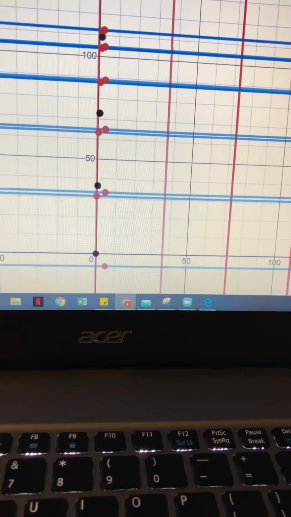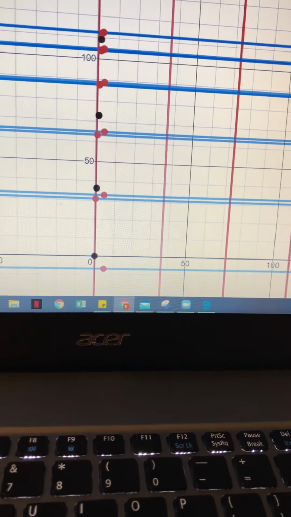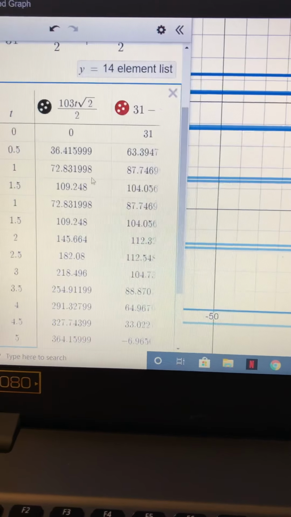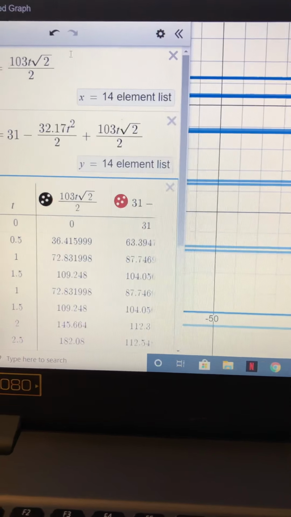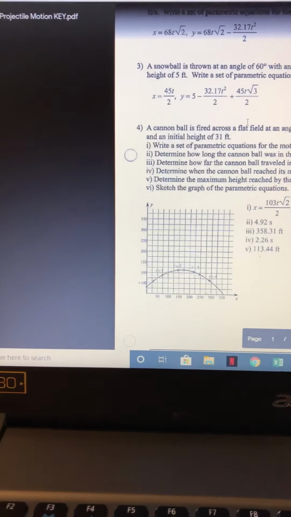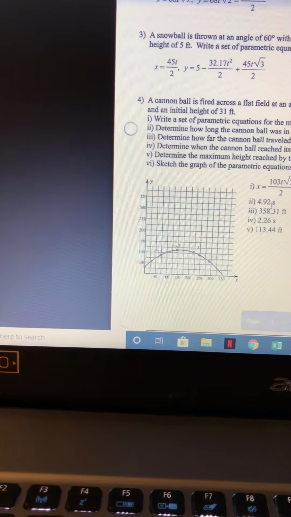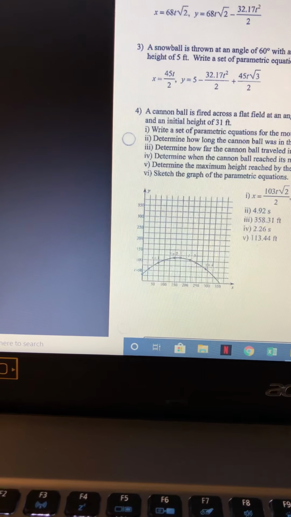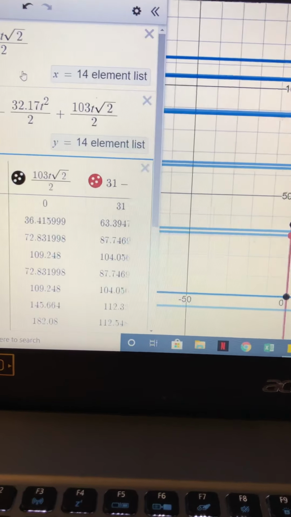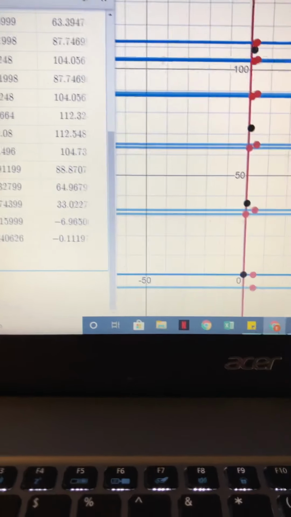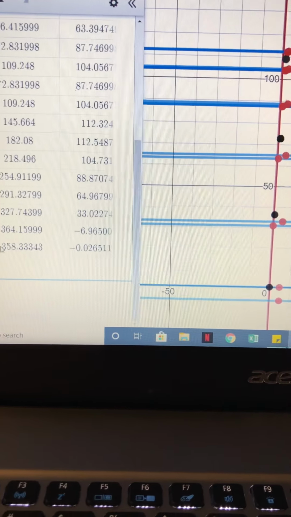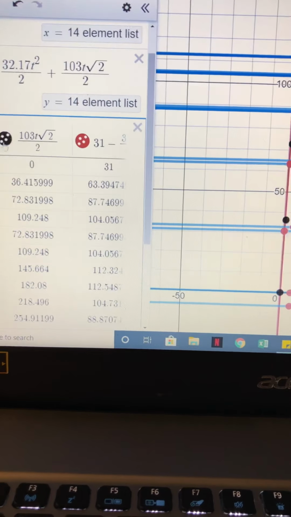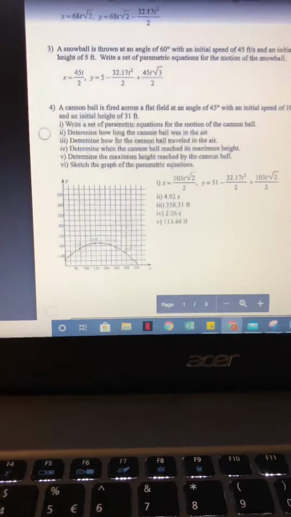If I type in 4.92 in our time for our x, that will tell me how far it traveled, because I know that it landed after 4.92 seconds, and how far it traveled in the air is the horizontal distance. So if I plug 4.92 into the x, I get this 359. That indicates to me how far it traveled. So I'm going to hide that again.